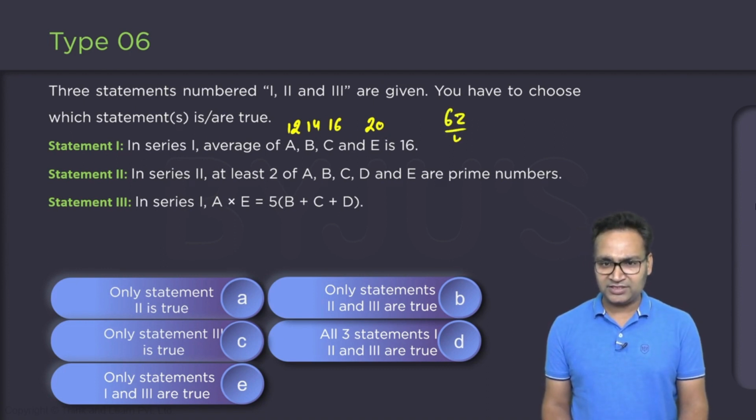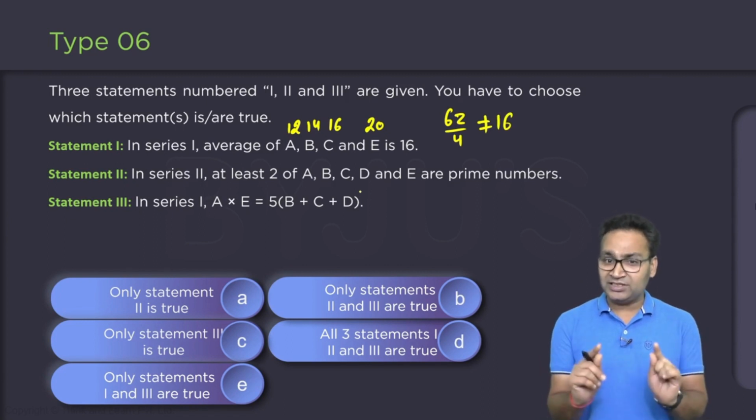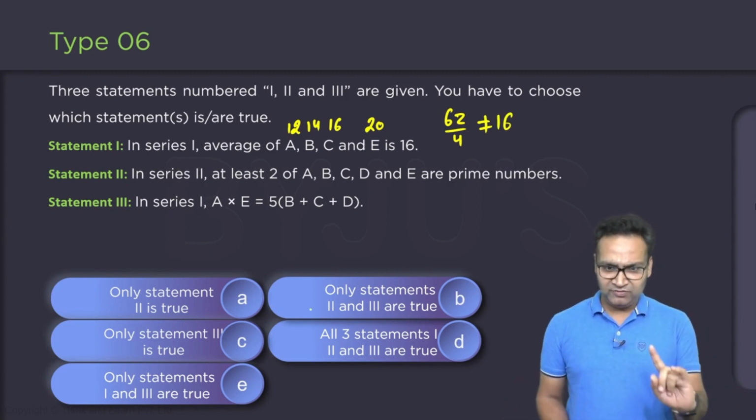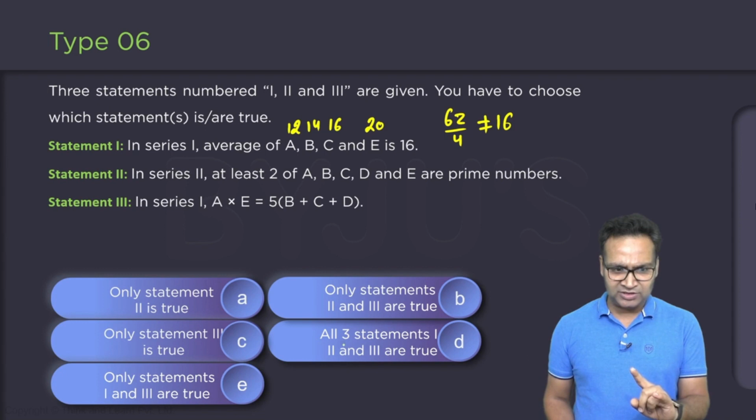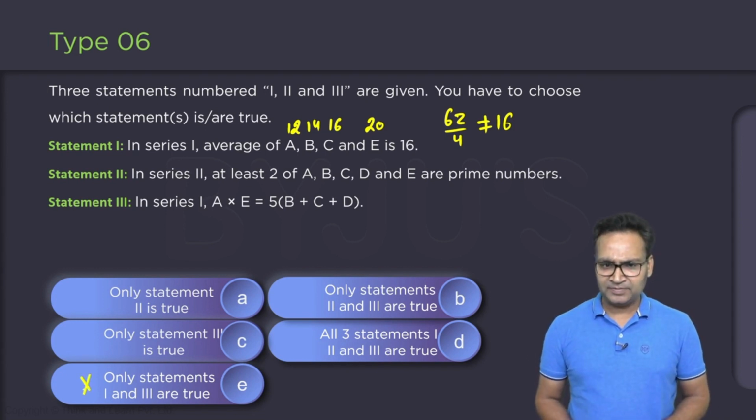So the average is 62 by 4, which is not equal to 60. That means statement 1 is not correct. If statement 1 is not correct, I can eliminate some options. I can eliminate option E and one other option.